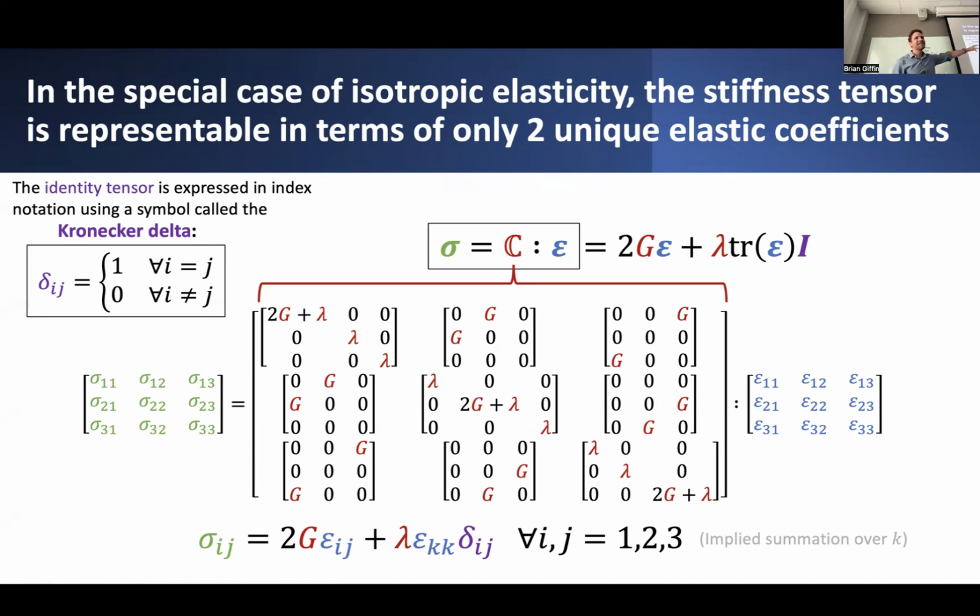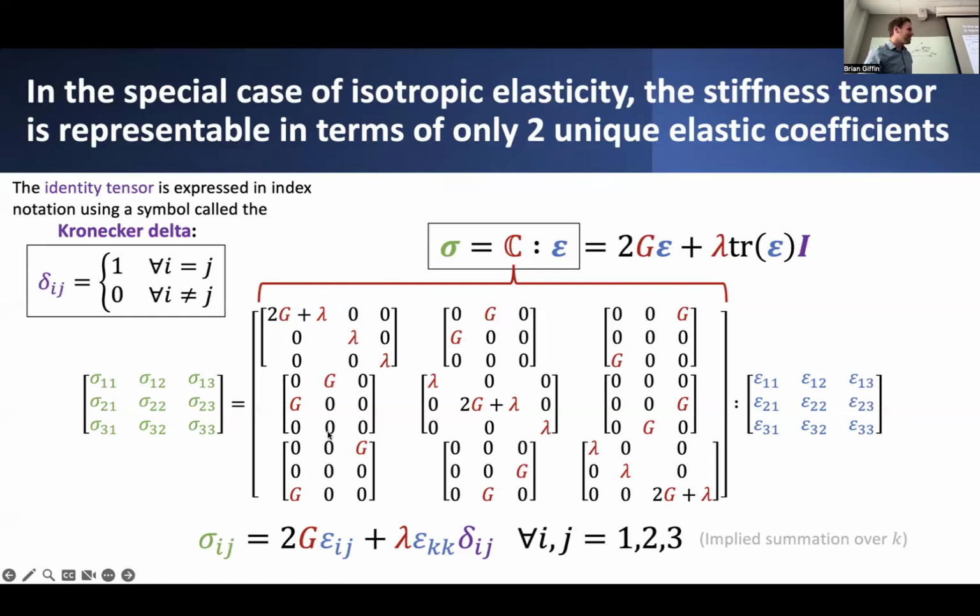And you'll notice some interesting properties about the elastic stiffness tensor. In terms of this array format, you'll notice that each one of the subarrays is symmetric. So if you were to take, I don't know, the entry corresponding to the first row and the second column, you'll notice that these values are symmetric. And that's true for basically all of these submatrices. You'll also notice that this full array is itself symmetric.